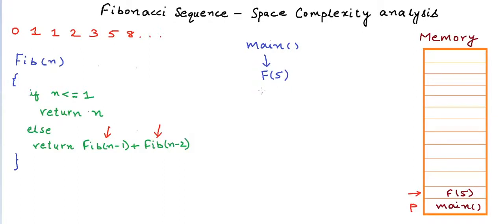Now f5 is executing, and now f5 makes a call to f4, and this is a recursive call because the function is calling itself, though with a changed or reduced argument. So a recursive call is not different from a function A calling another function B, except for the fact that here A and B are the same, but in terms of execution separate memory and resources are allocated to the new function call.